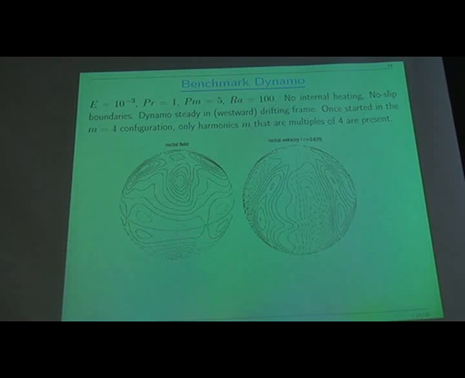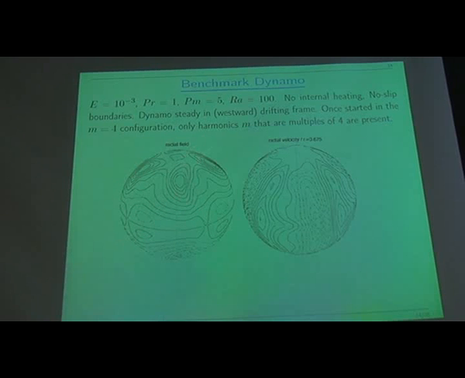And the configuration you get is nice and simple. You get an m=4 configuration, and only harmonics that are multiples of 4 are present. It is non-linear, of course, so you get 4 and 8 and 12 and so on, but 1, 2, and 3, and those sort of things are all missing.